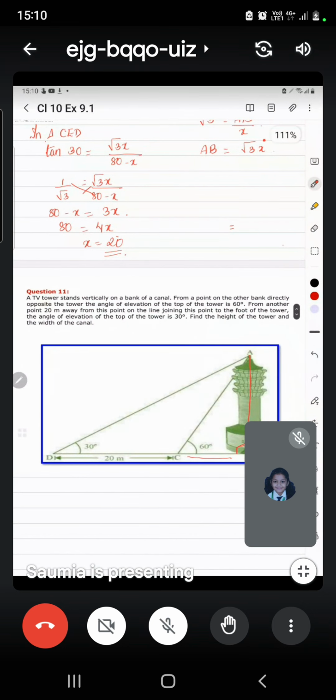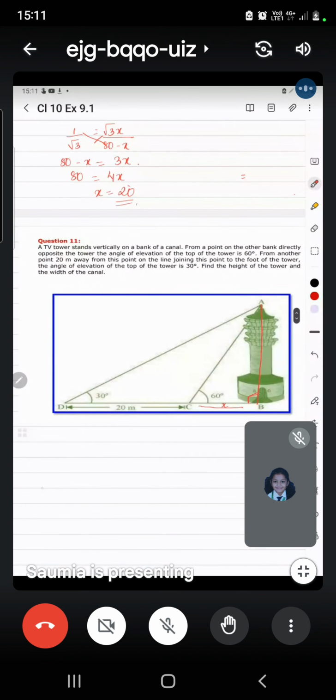Assume BC to be X. Then apply tan 30 to the triangle ADB, so you use the tan ratio in the smaller triangle. When you make that X, you will get two triangles.